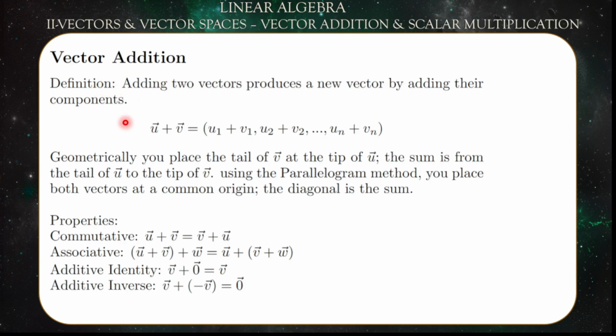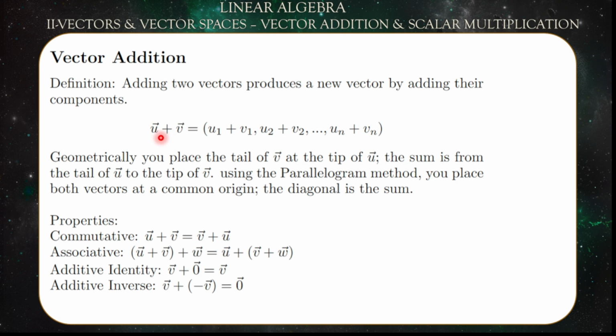Vector addition. So what is the definition for that? Adding two vectors produces a new vector by adding their components. So U plus V, which is the sum of two vectors, is equal to u1 plus v1, u2 plus v2, all the way to un plus vn, meaning that, let's say you have u having coordinates x, y, z, and v having x prime, y prime, z prime, so u plus v would become a vector of the following coordinates: x plus x prime for the x coordinate, y plus y prime for y, and z plus z prime for the z coordinate.